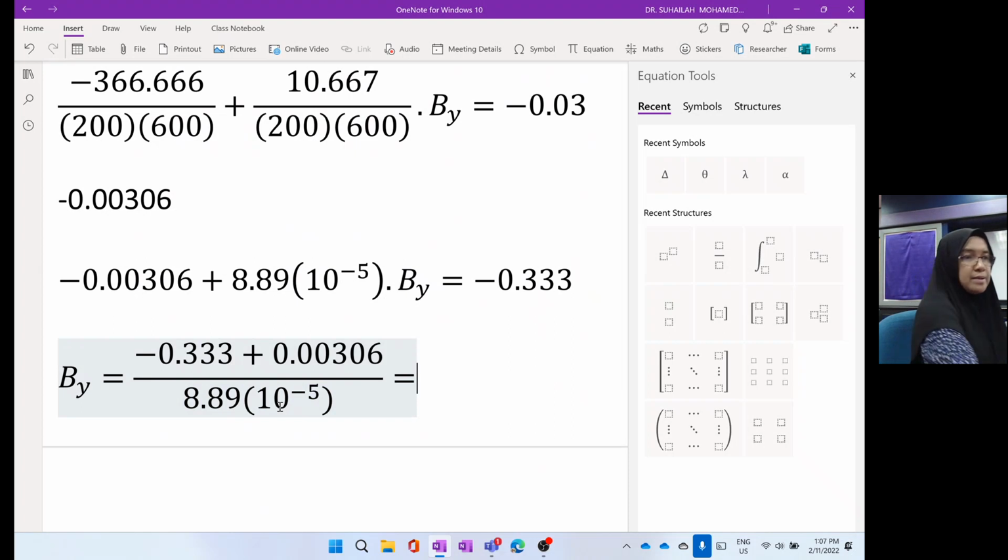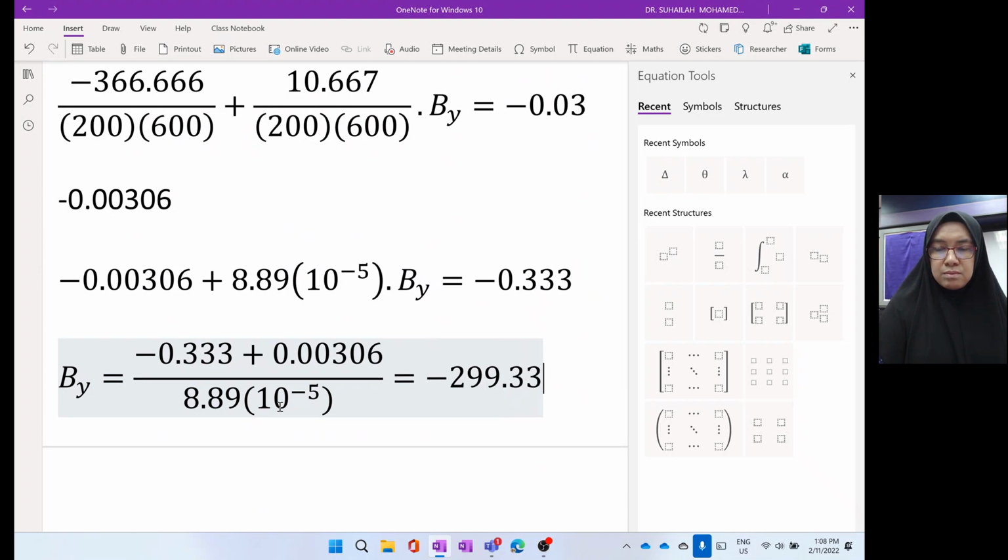What is BY? Boleh dapat tak? Banyak tak different? So what is BY? What is BY? Negative 299.33.